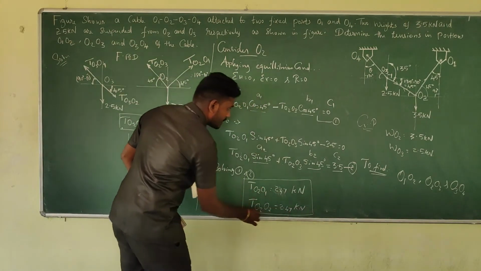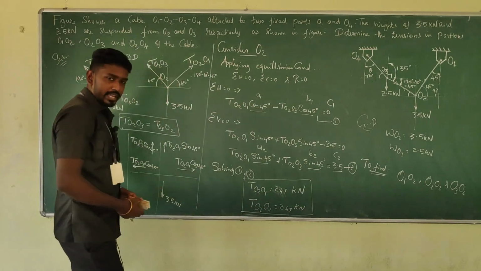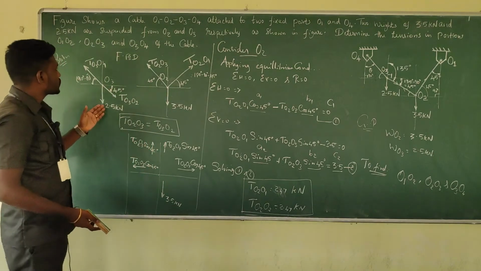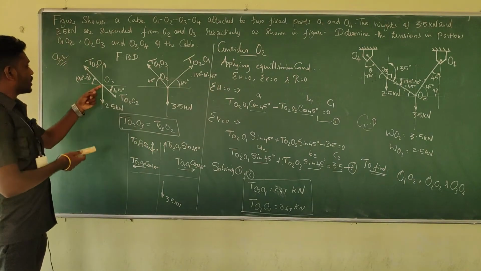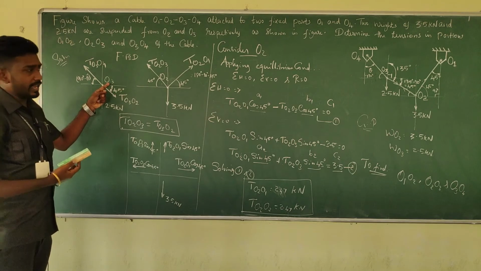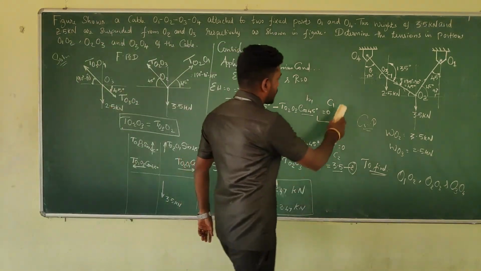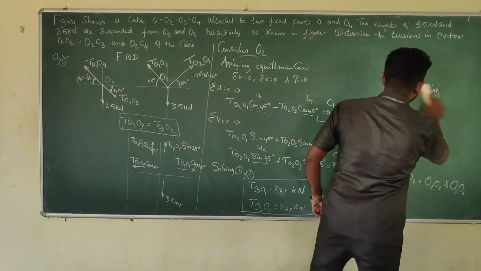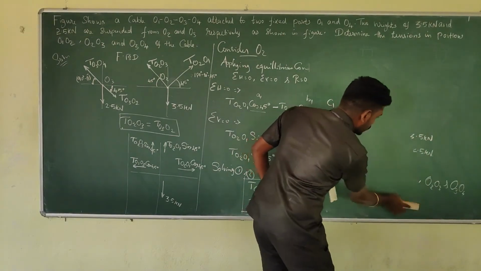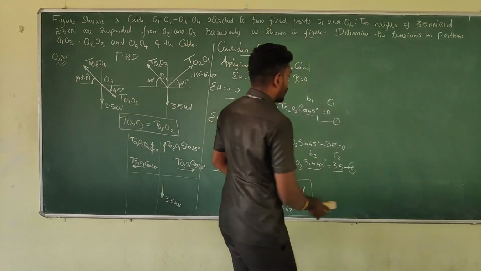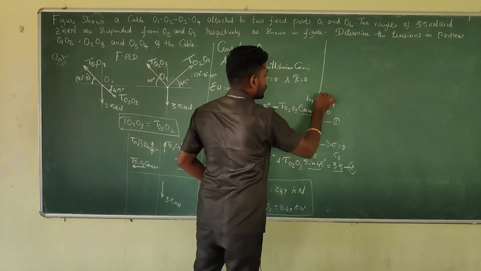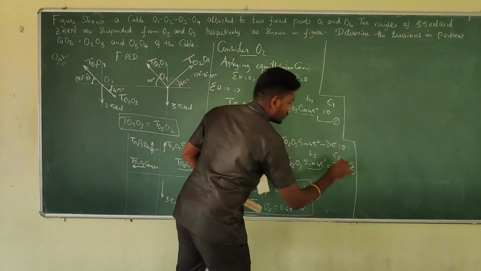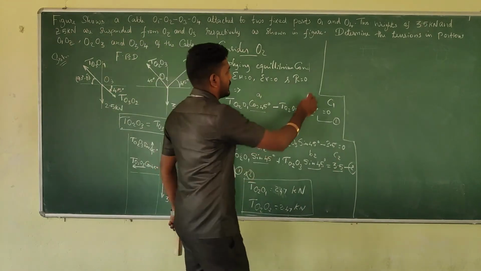Two of the answers we have taken, and the next step is to consider the joint O3. Here there is no space, so I'm going to rub this diagram so that I can show the calculation part. Look at this.